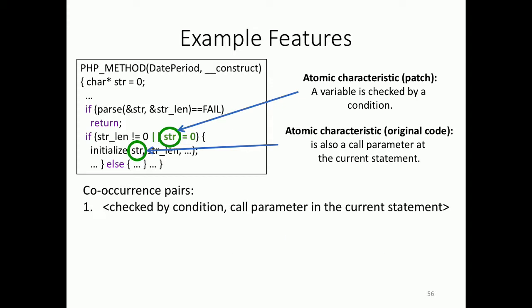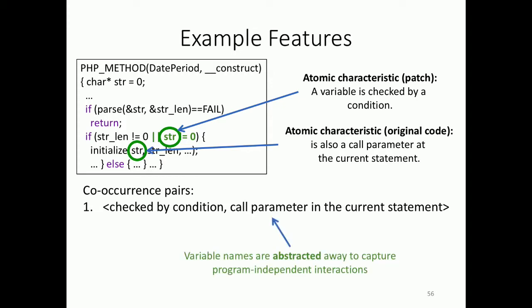In this extraction process, we also abstract away the variable names, because different programs will use different variables. We want the extracted features to generalize across different projects. So the actual meaning of this pair is that some variable is checked by a condition in the patch, and the same variable is also a call parameter in the current statement in the original code.